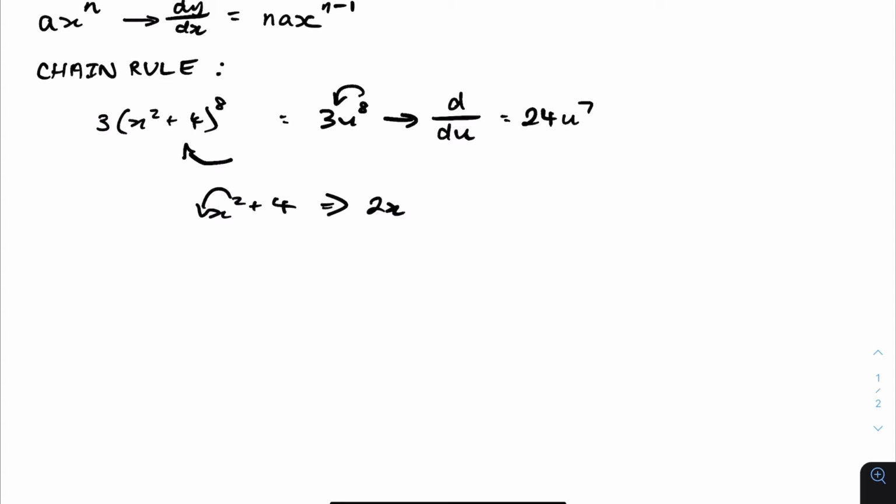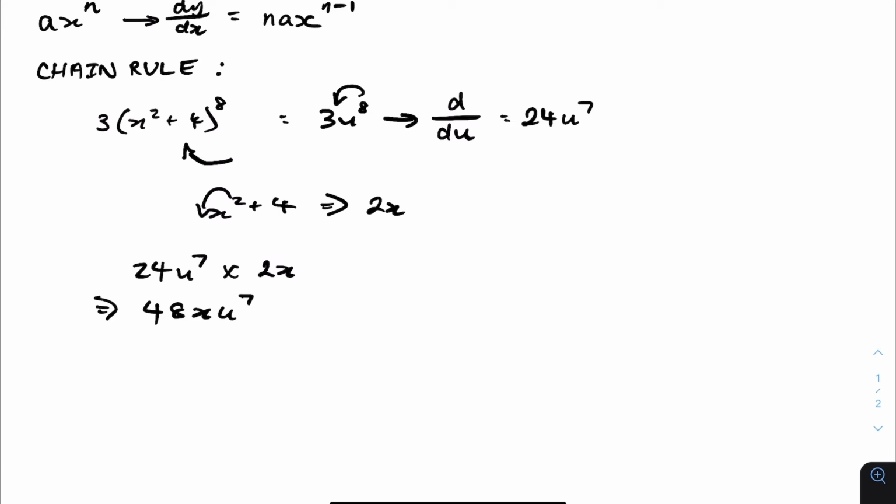So the way we do this now is we would write this as 24u to the power of 7 times 2x. You multiply it by the differentiated function, which gives you 48x times u to the power of 7, because you can just multiply it by 24.